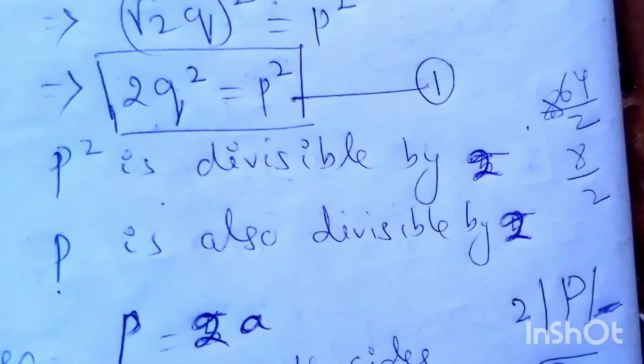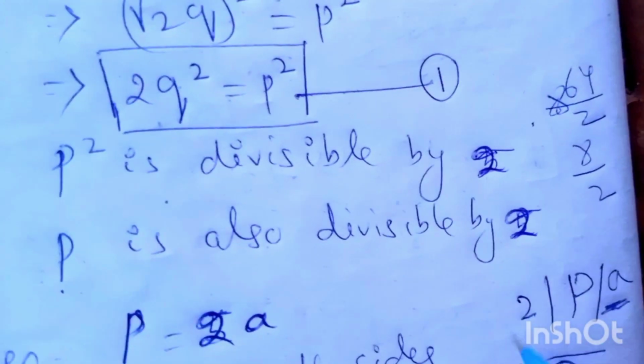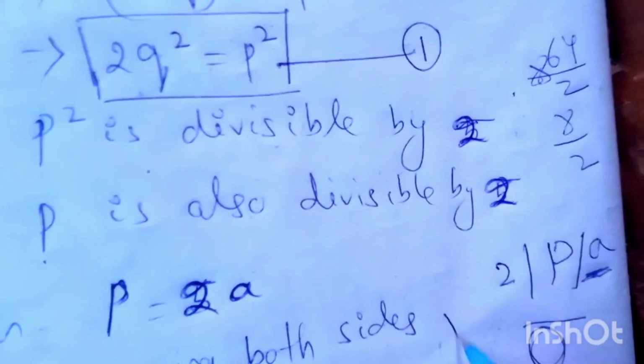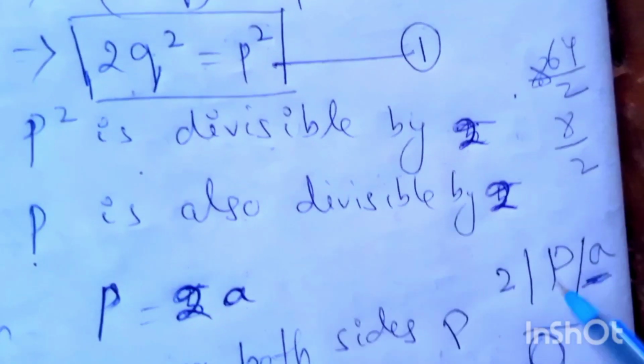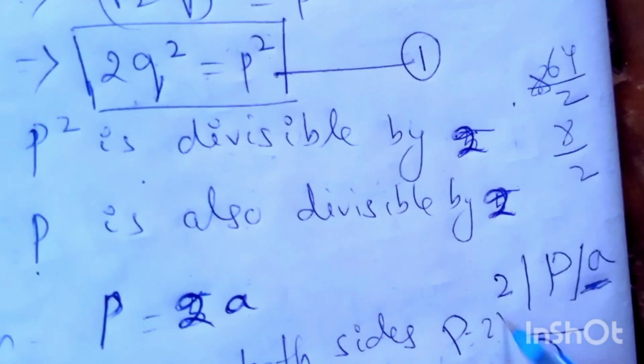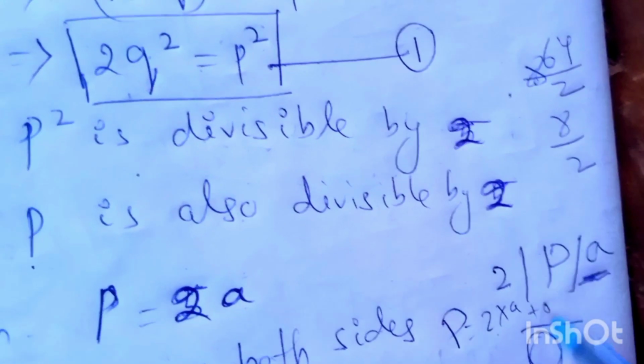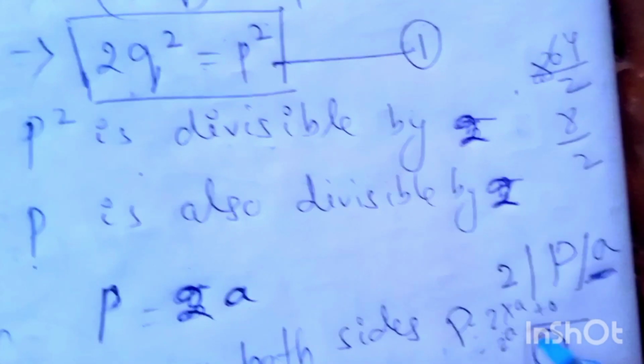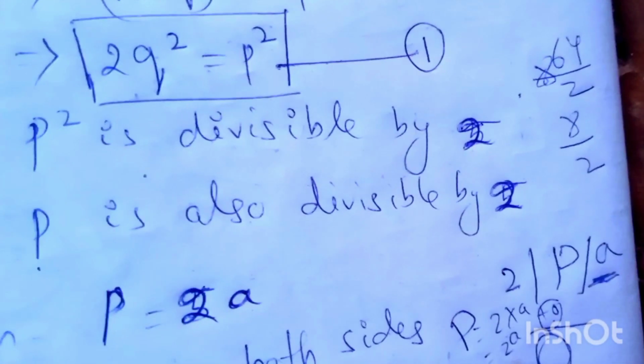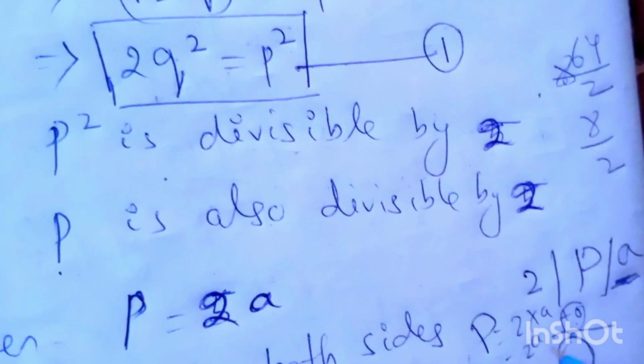I take this quotient as a. So we know that p equals 2 into a plus 0, that is 2a plus 0. 0 has no meaning, so we do not add it here. So p equals 2a.